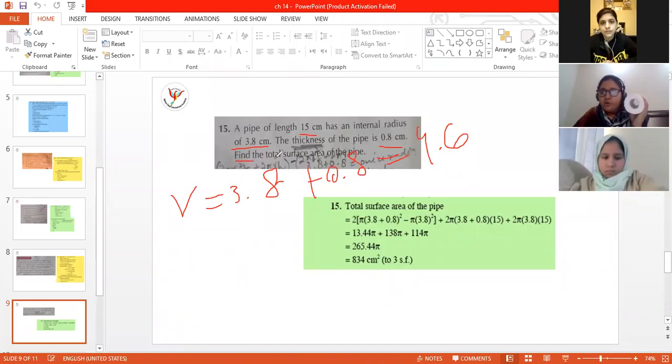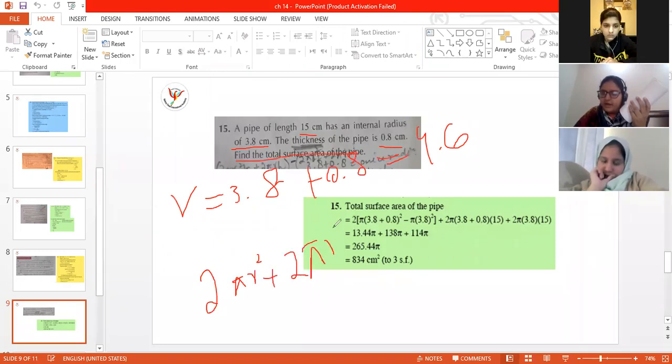Now find the total surface area of the pipe. But what will be the total surface area? We know that 2 pi r square plus 2 pi rh. Now we are dealing with actually two pipes, one is internal, one is external.